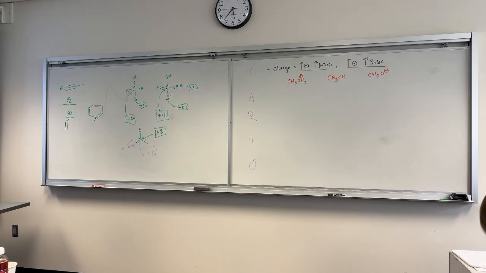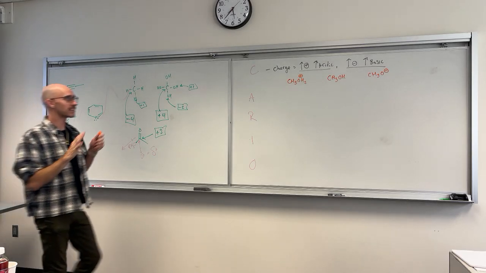Cameron, how many lone pairs on the oxygen on the left? One. Great. Luis, how many lone pairs on the oxygen on the right? The far right, methoxide. Two. Far right, methoxide. Three. Good. All right. Which of these is the most acidic?